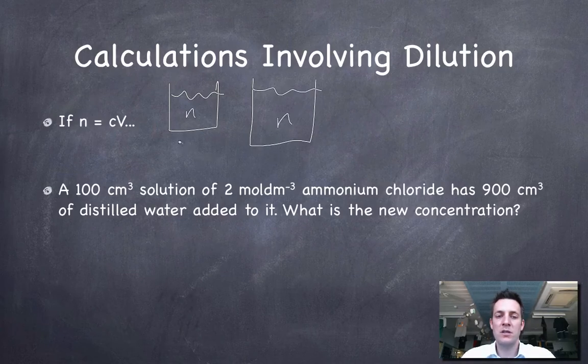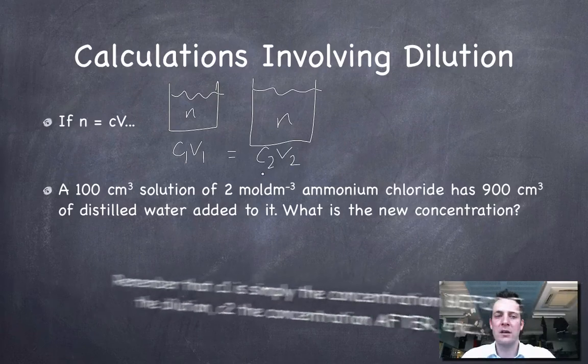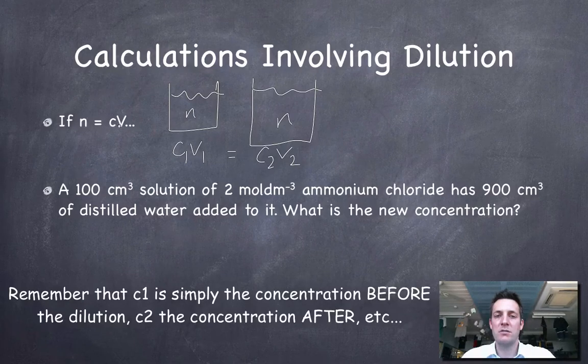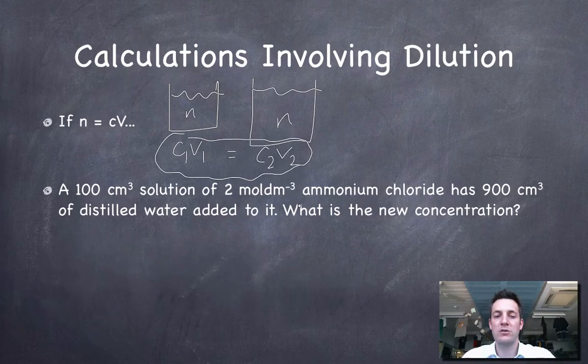So in other words, my original concentration and volume, C1V1, have to be equal to my new concentration and volume multiplied together, because the number of moles is equal to CV and the number of moles hasn't changed. So C1V1 equals C2V2. That's quite an important formula anytime you see a question about dilution.